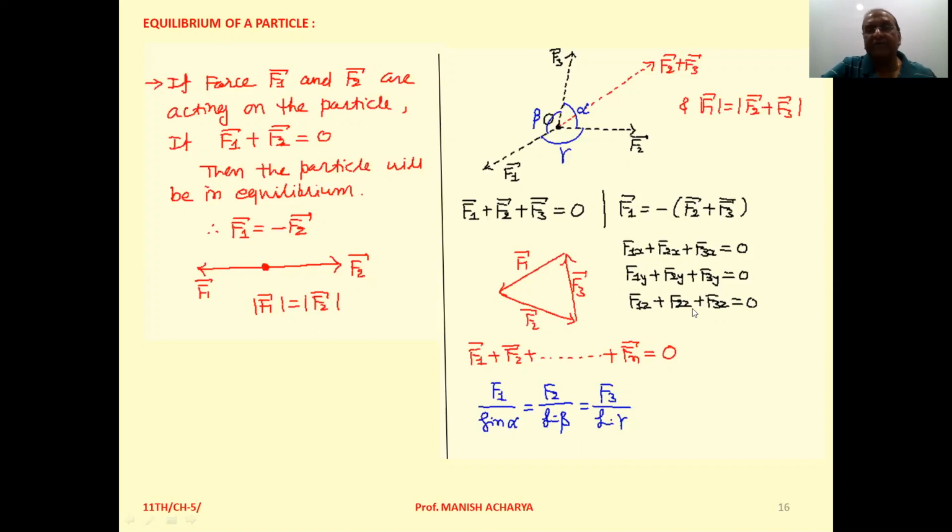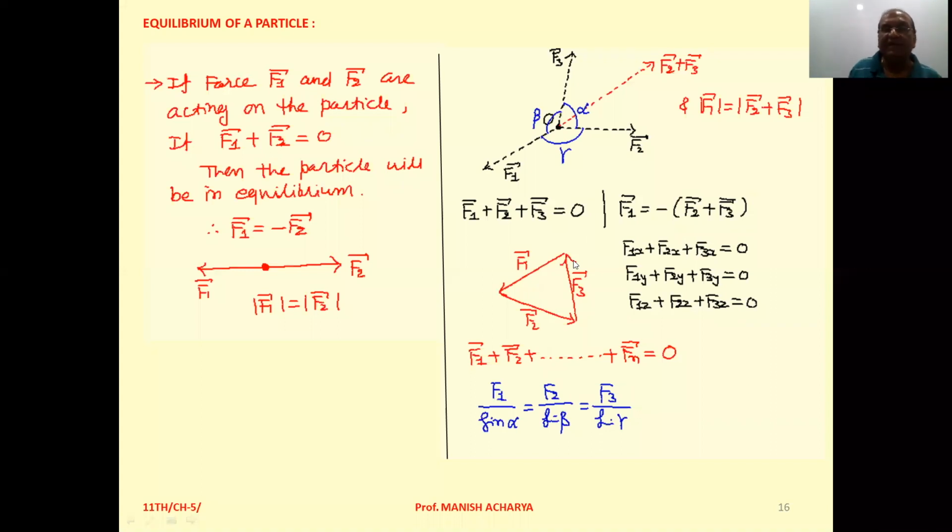Graphically, what happens if three forces are acting on the particle and the particle is in equilibrium, means net is 0? If graphically we represent all these three vectors head to tail, head to tail, head to tail to find the summation, then the head of the last one, that is the head of F3, superposes on the tail of F1.